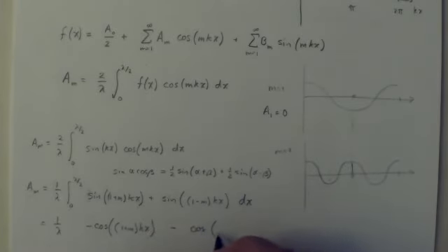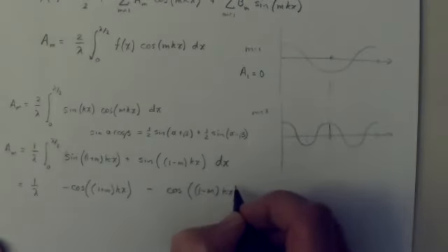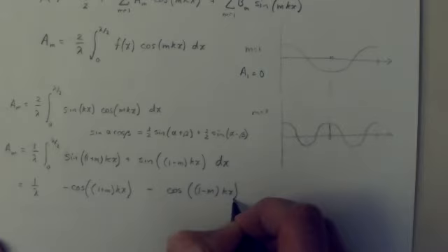Cosine of 1 minus m. John, shouldn't you also take the derivative of what's inside the cosine or the sine function? Yeah, I haven't done that yet. You're exactly right. I just haven't done that part yet.